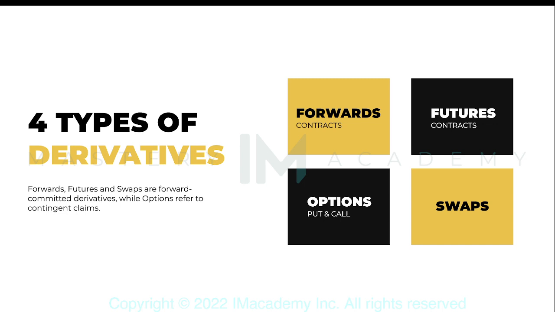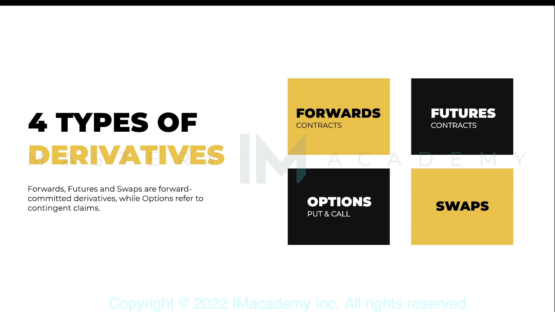Okay? On the other hand, options are often referred to as contingent claims because the contract payout depends on a future event. Why? Because one of the parties of the contract has the opportunity to exercise the option or just simply walk away.